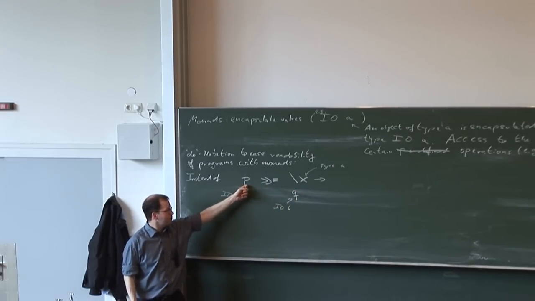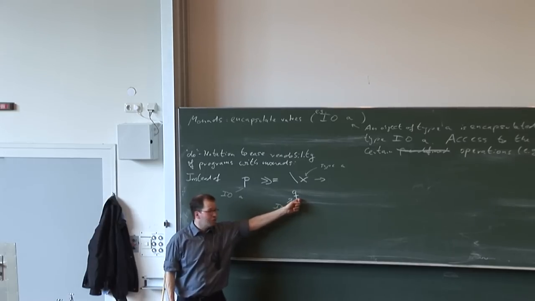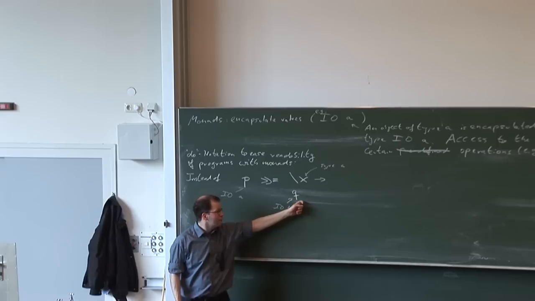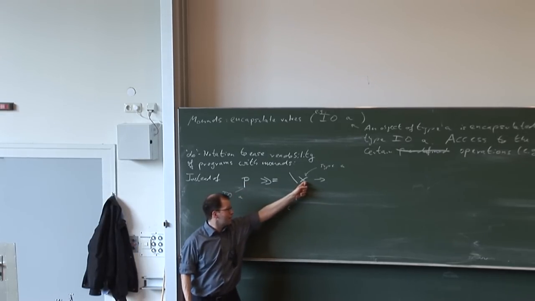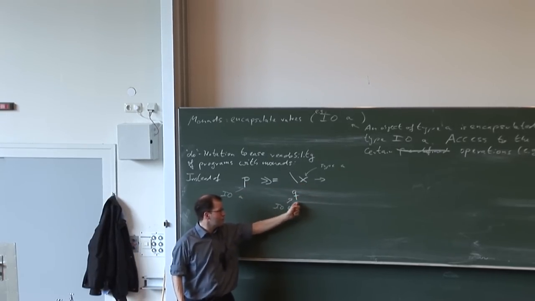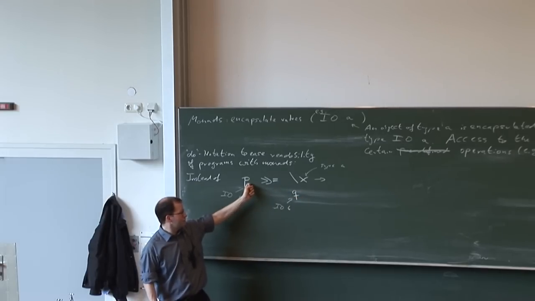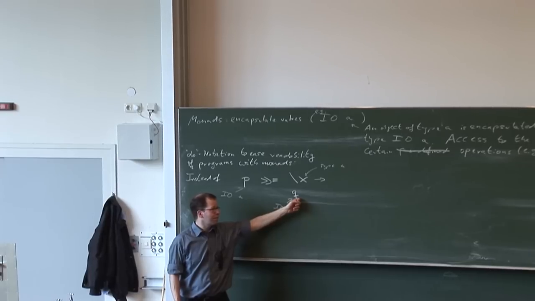First action P, and then action Q, but how action Q looks depends on the value that was encapsulated here. Because we take this value out, this x, and this x can occur in this Q, and depending on the value that was encapsulated here, different things can happen there.